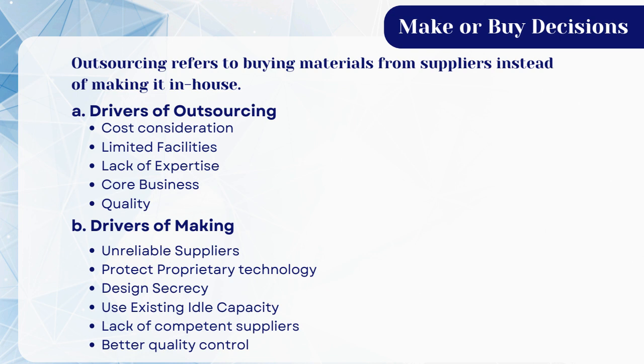Outsourcing is buying your material components from suppliers instead of making them in-house. Basically, outsourcing is a process of contracting out a business process that you may have performed internally previously, sending it off to an external provider or an independent organization, so you can actually focus on what your core business is.